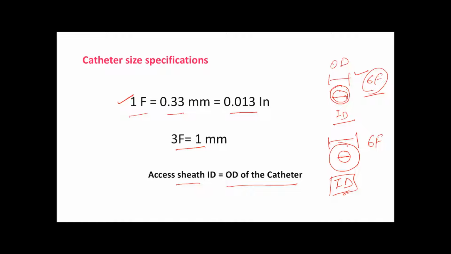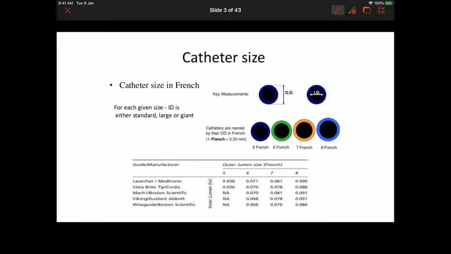I mean, if you are taking a 6 French sheath, that means the outer diameter of the sheath will be about 7 French. Suppose you say 7 French sheath. For a 7 French sheath, the outer diameter will be about 8 French.